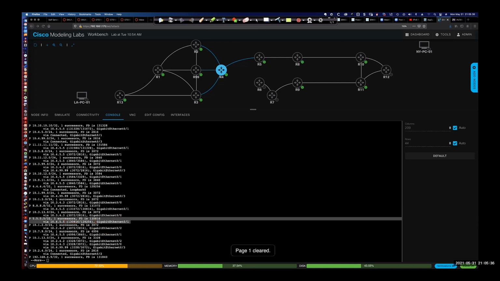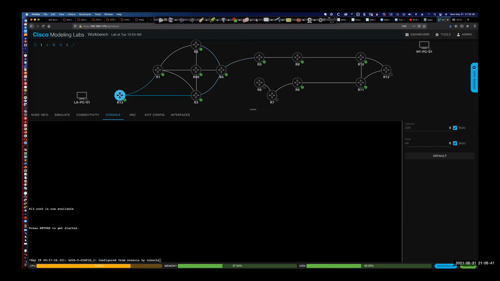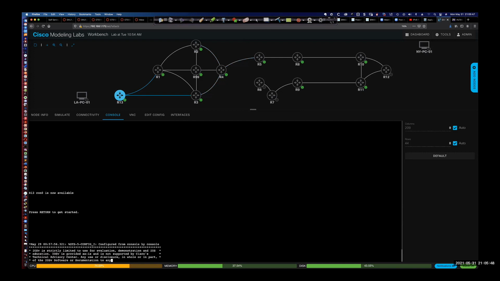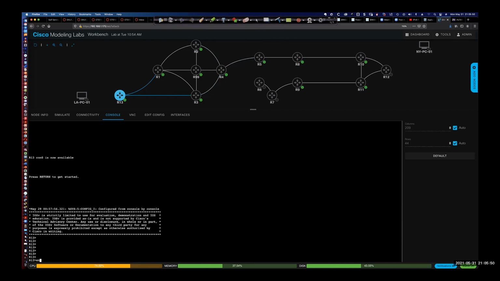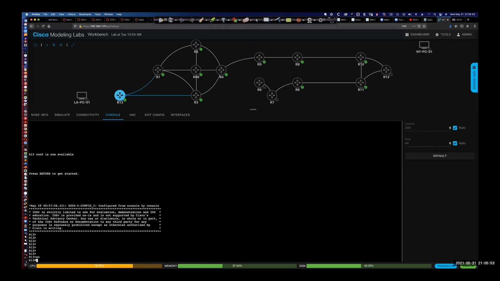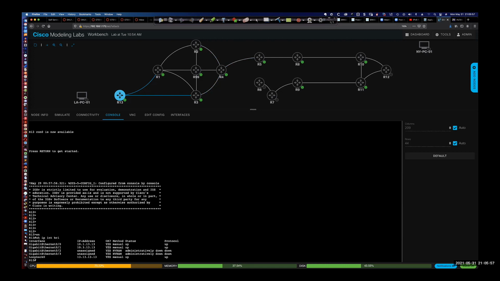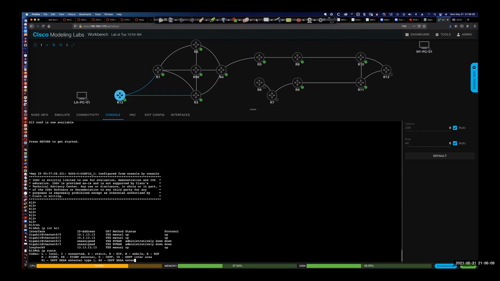So if we were to look here on router 13, and let's get our prompt up here. All right. And I was to go into show IP interface brief. So let's go to the interface between router 13 and router 1. Let's say show IP route, and I'm just going to look at the loopback address for router 4.